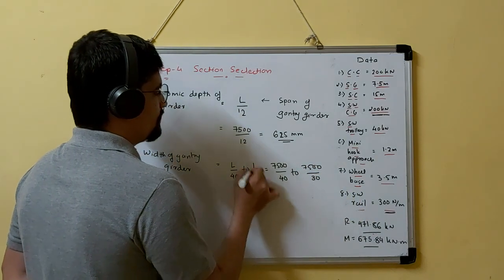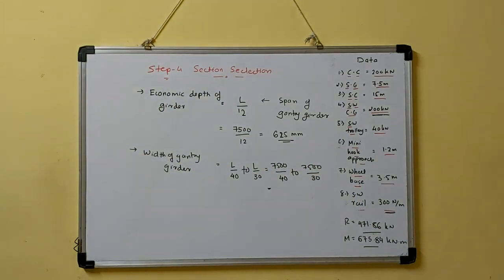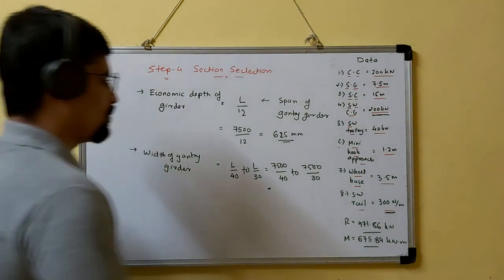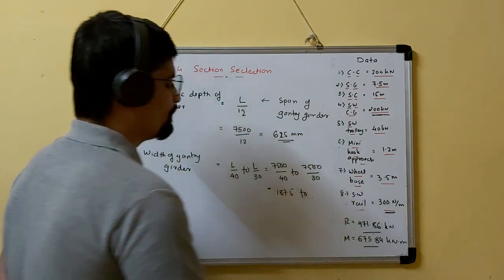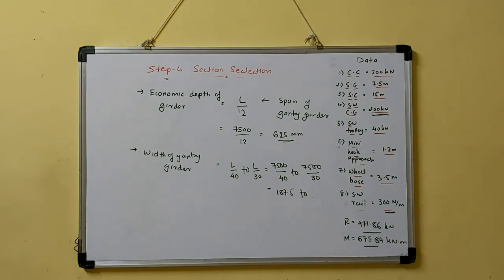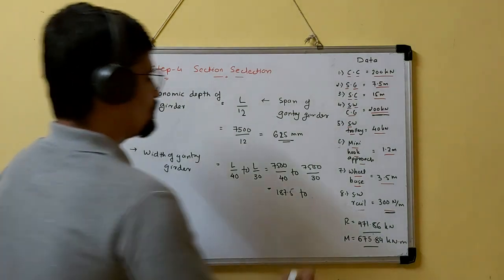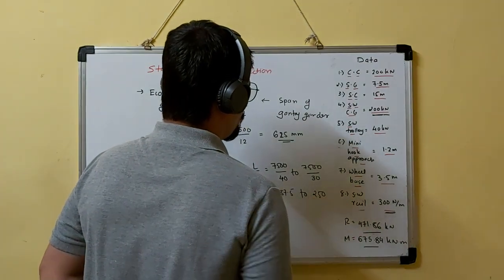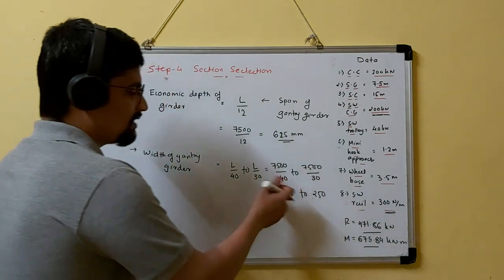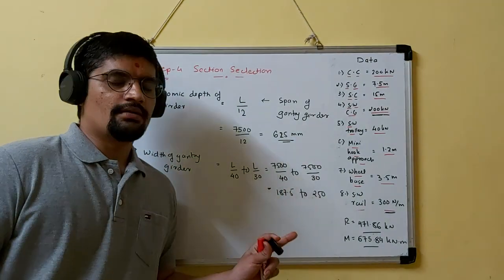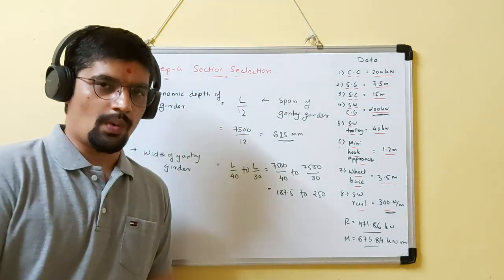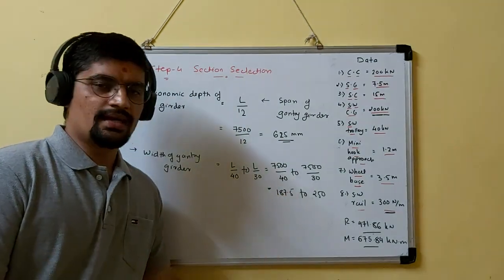These are the fixed values for calculating the gantry girder. 7500 by 40 is 187.5, and 7500 by 30 is 250. So the width should not be less than these values: 187.5 is the minimum width we require and 250 is the maximum.